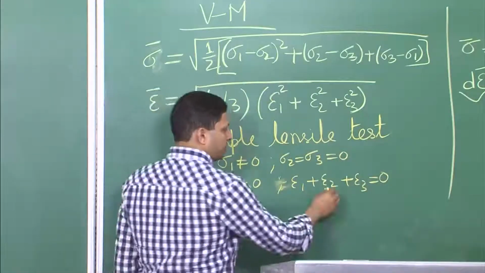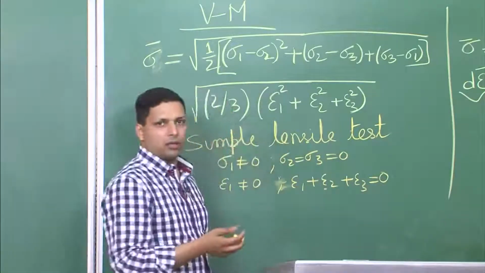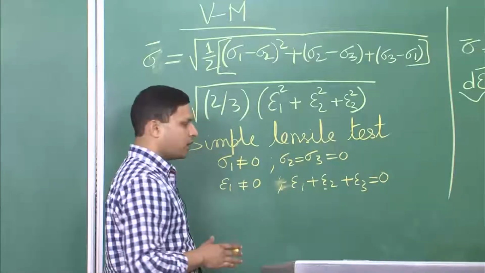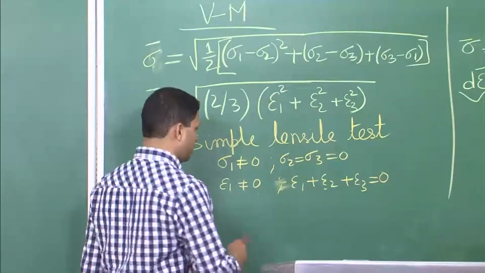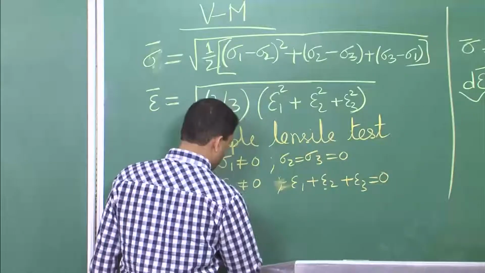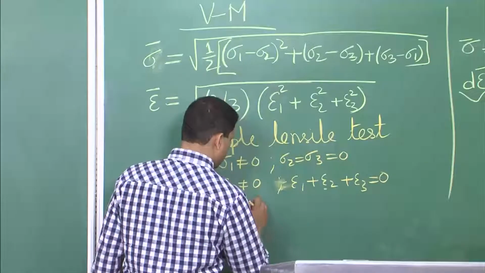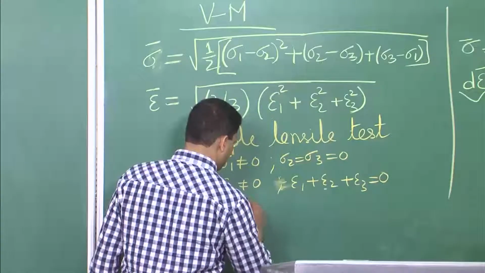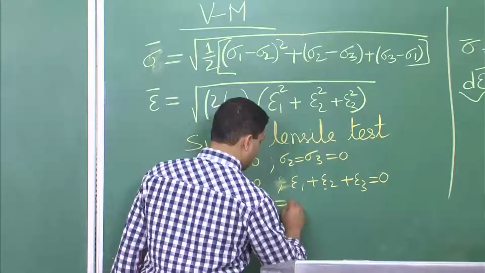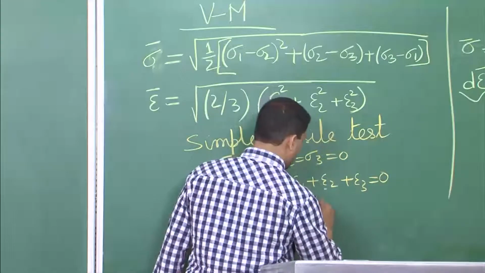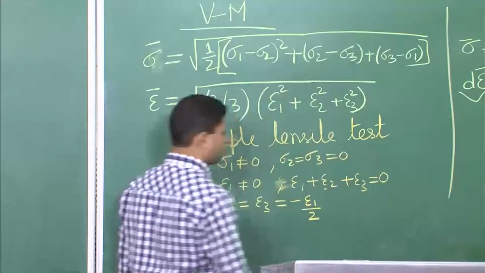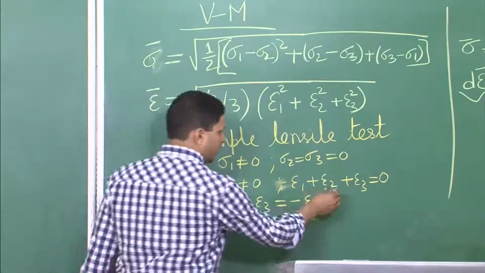Since epsilon 2 and epsilon 3, which are on the transverse sides, will be of equal magnitude, you can show that epsilon 2 equal to epsilon 3 is equal to minus epsilon 1 by 2. So, this comes directly from this.